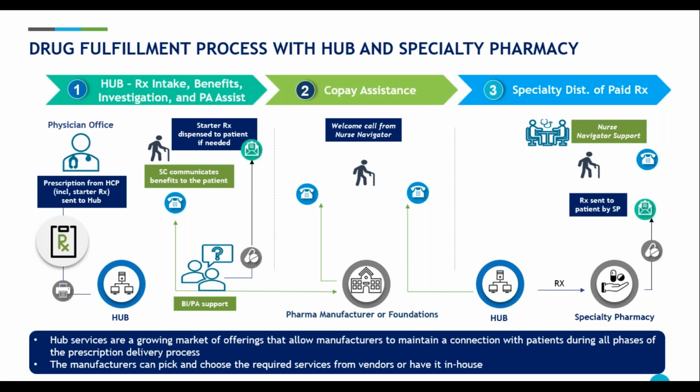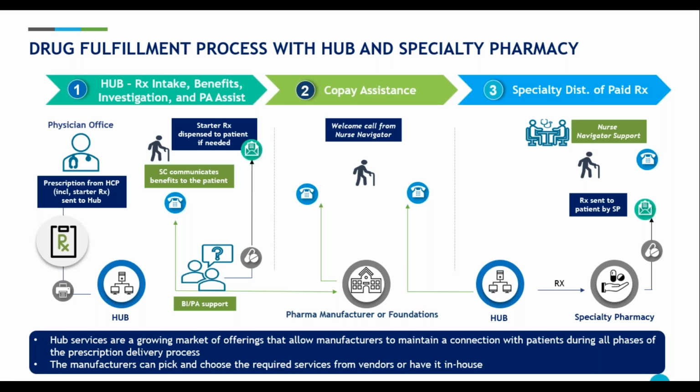And when there are a lot of rejections and appeals that they have to go through, they also put the patient on a free drug until the process of benefits investigation and prior authorization gets done. So the initial drug that the patient gets is free, so that they don't lose the patient. And once the prior authorization process gets completed successfully, they send the script to the specialty pharmacy.